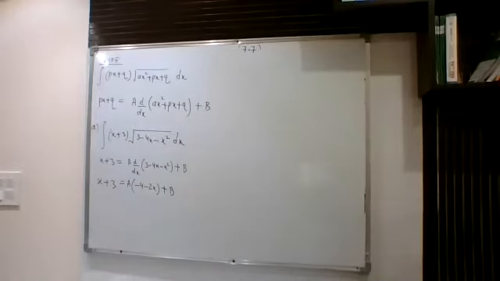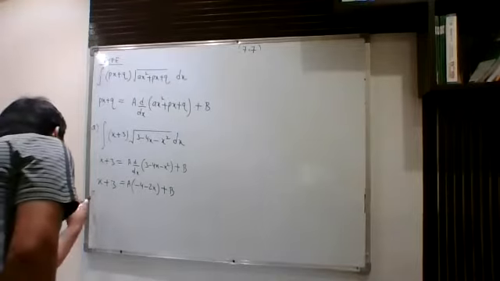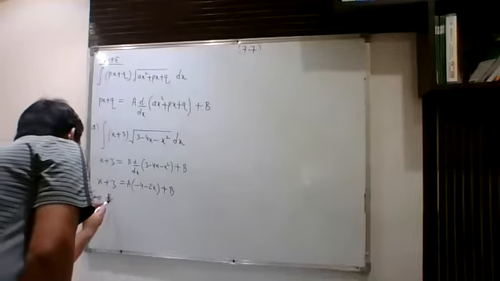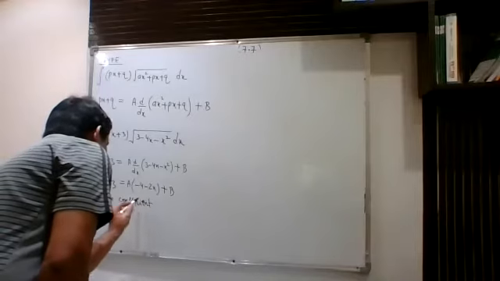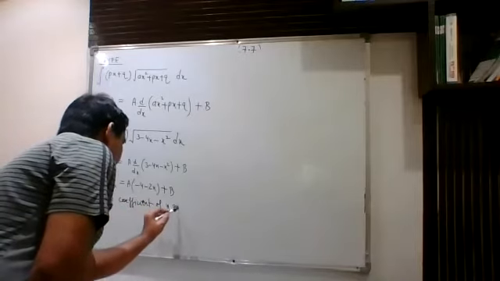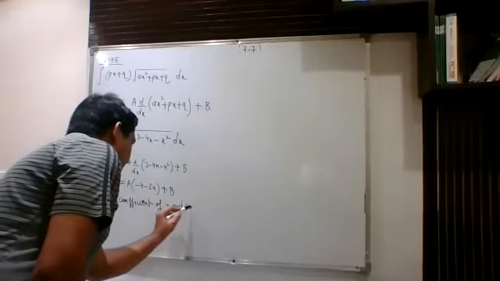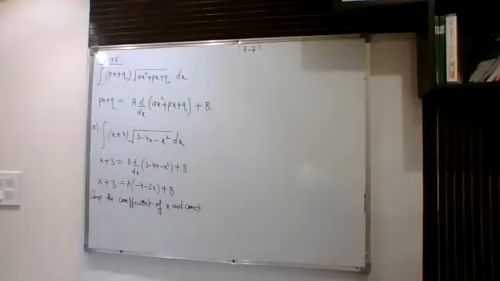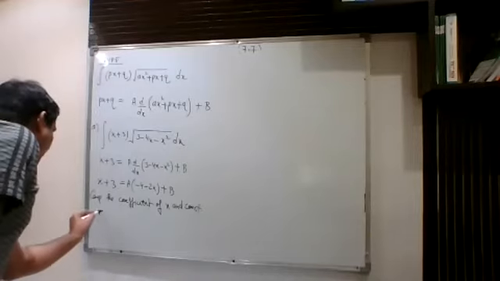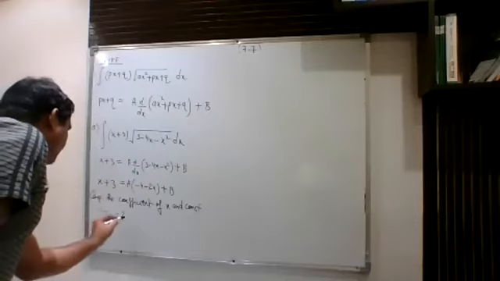Now we want to get the value of capital A and capital B. In order to get the value of capital A and capital B, you will compare the coefficient of x and constant on both the sides. So comparing the coefficients of x and constant, when you compare them on both sides, you will get 1 is equal to minus 2A.